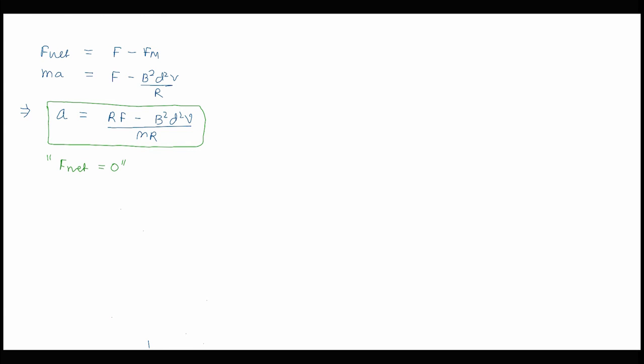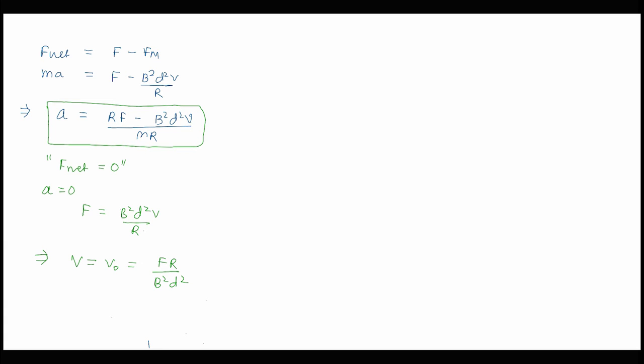So it will move with a constant velocity. If velocity is constant, acceleration is zero, or we can directly equate the equation of force. So from here I get F is equal to B square d square v upon R, and the maximum value of velocity which can be attained, which is equal to v naught, is equal to FR upon B square d square.